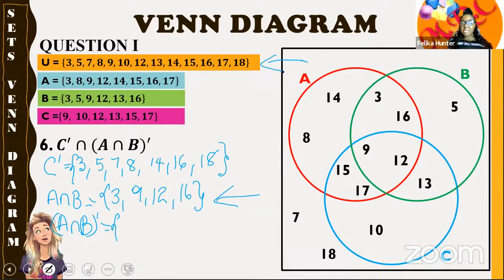So those persons who travel on flight A intersect B will be quarantined. Who will not be quarantined that came through the airport? There are numbers that are not in the whole circle. So let's go again.